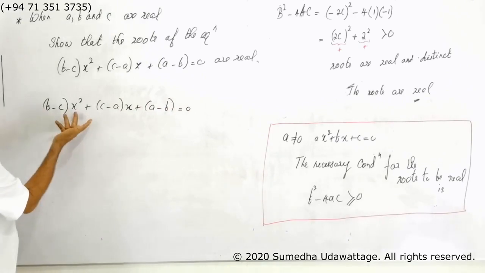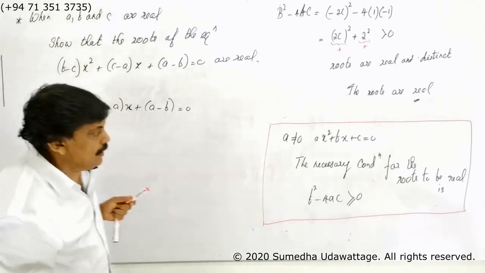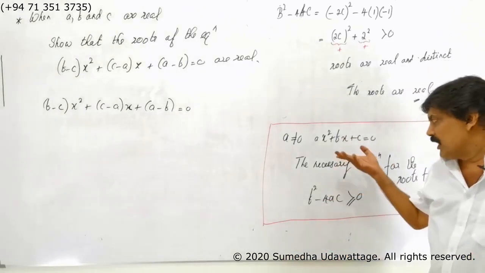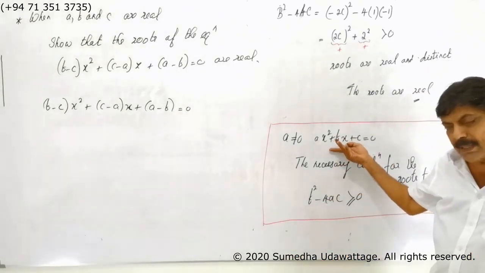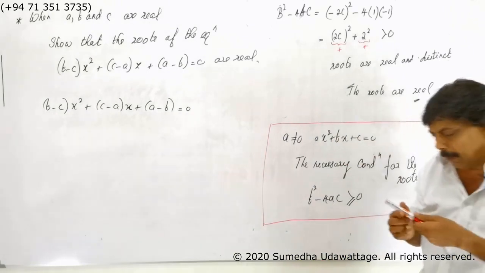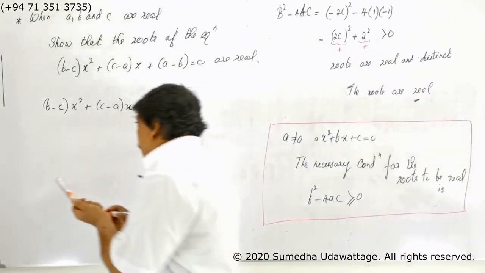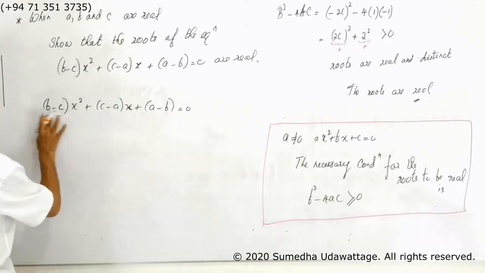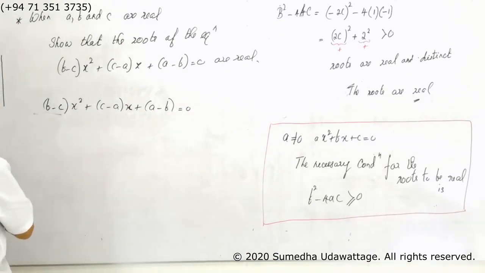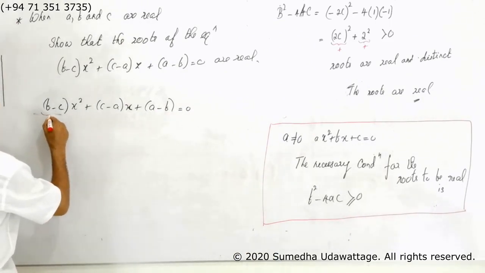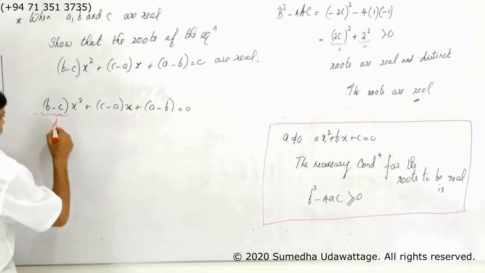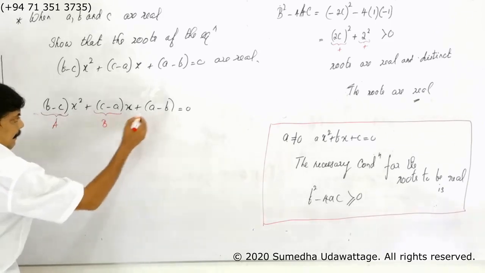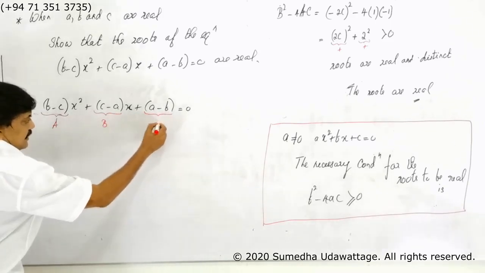We'll compare this equation with the general quadratic equation ax square plus bx plus c. That is, this acts as a, this acts as b, this acts as c.